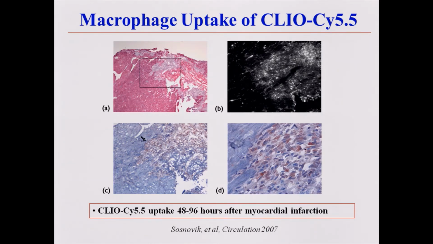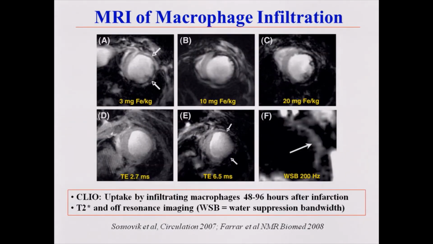And of course, it can be imaged by MRI, both using T2 star-based approaches, which produce signal hyperintensity, and then phosphorescence approaches, which produce positive signal. And this correlates very nicely with macrophage content in the infarct. And you'll see the remote zone obviously forms a very nice control.